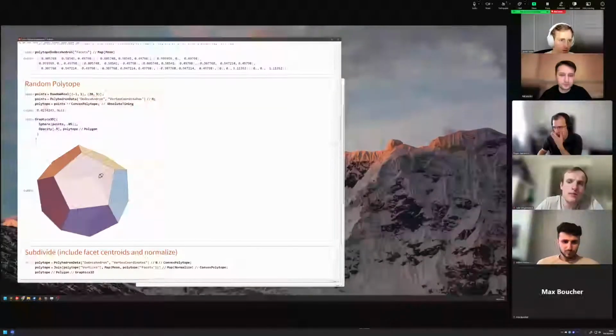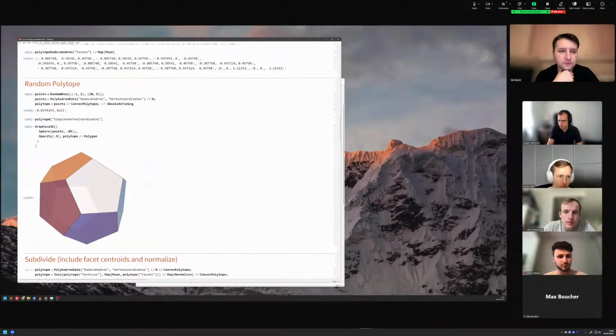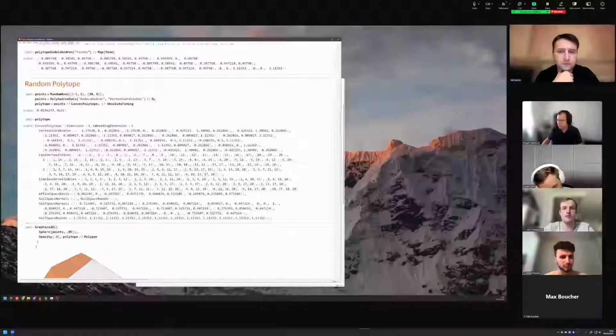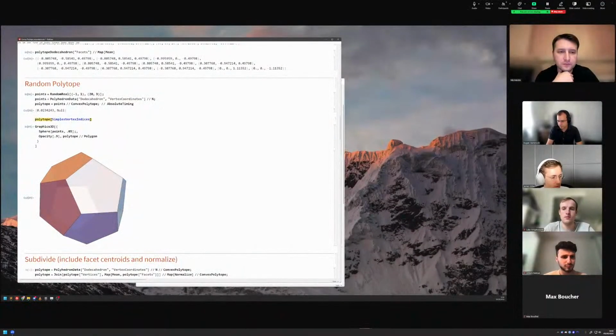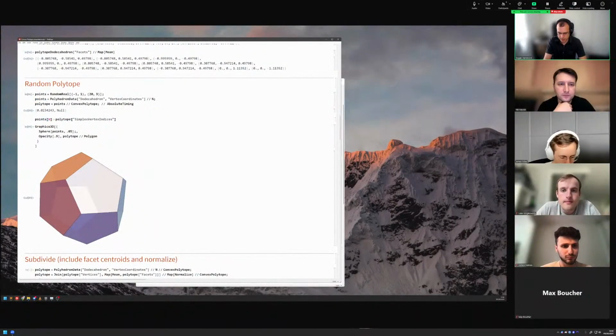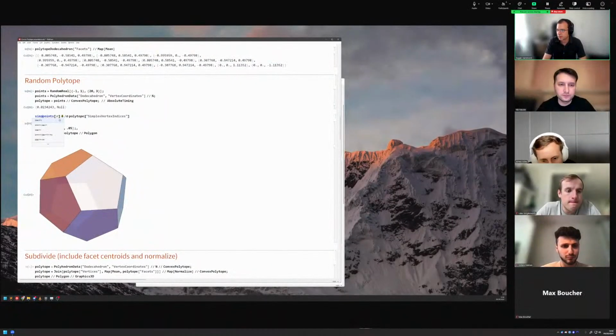So, for instance, recover those? Set of simplices. In this case, tetrahedrons.